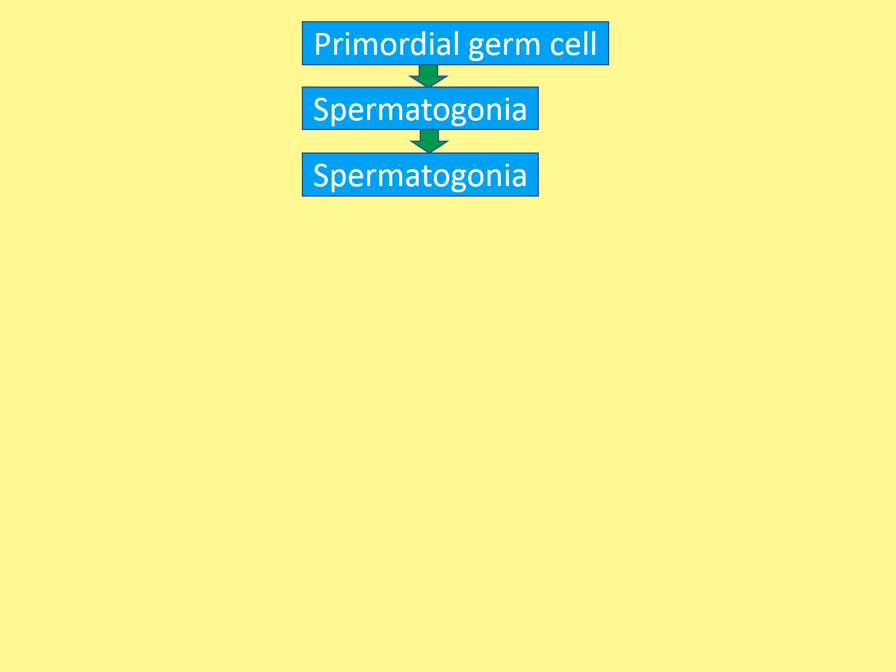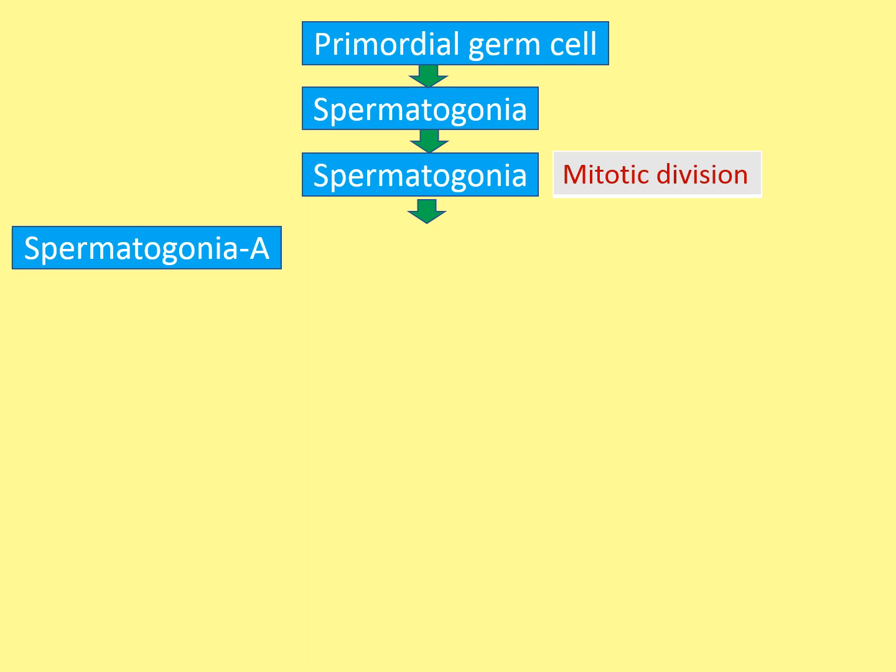Now one spermatogonium mitotically divides 5 times to form 32 spermatogonia. Type A spermatogonia remain at the outer edge of the tubule to maintain the germ cell line. Type B spermatogonia move on for spermatogenesis.